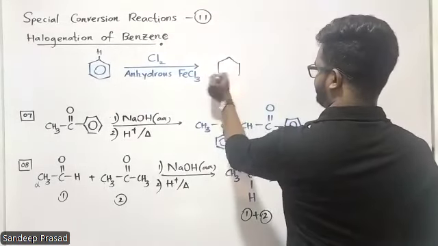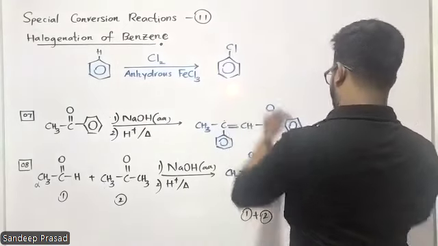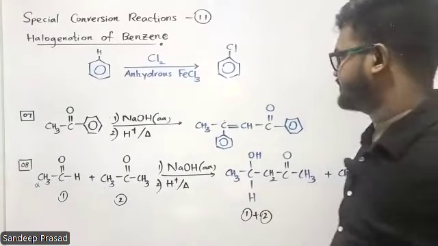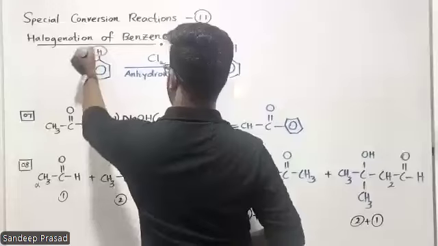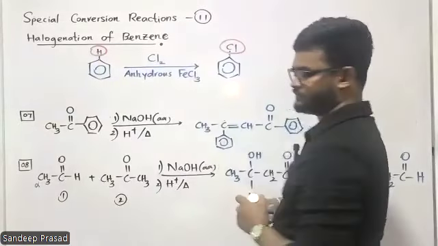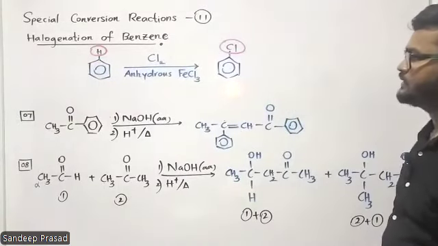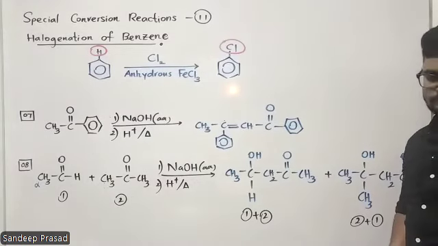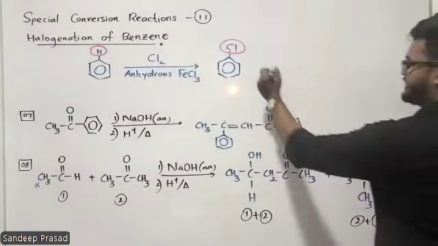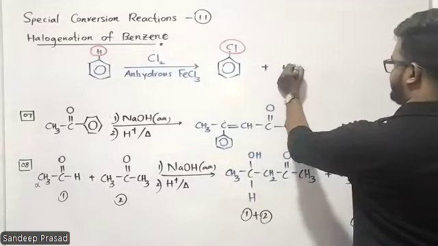Instead of that hydrogen, now chlorine is coming to the compound. As you can see here, very easy. Now instead of this hydrogen, chlorine came to the compound. Right? So as a byproduct, we can say that HCl is the byproduct.